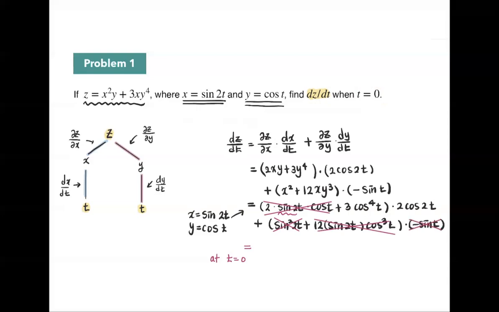So we get 6 times cosine 0, which is 1, right? So it is 3 times 1 times 2 times 1, which is just 6. So we got dz/dt at t equals 0 is 6.